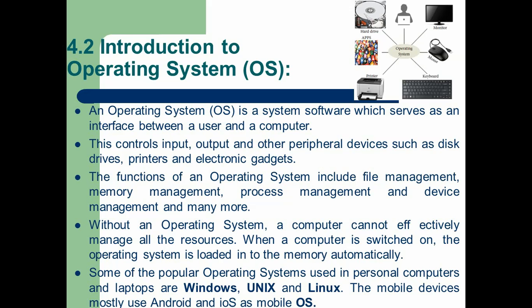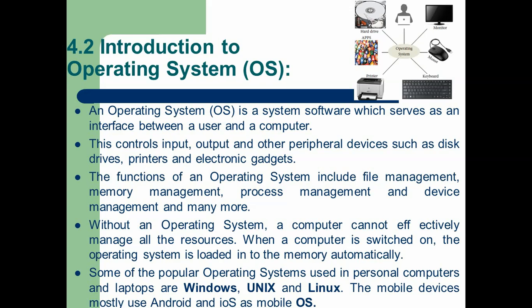In each and every step, the operating system plays an important role between hardware and the user. So this operating system is used to control all the devices. Of course, we know all the input, output, CPU, and other memory devices. In fact, other plug and play devices also depend upon the operating system.